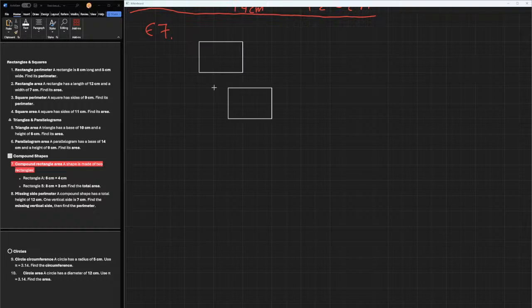We have 6 centimeter and then 4 centimeter. And then we have another rectangle with 8 centimeter and 3 centimeter.